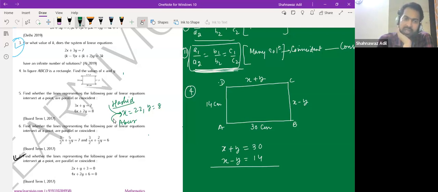Remember, in this class only you will solve the questions. Shaima also got x is 22 and y is 8. Good, everybody got the same answer. We have 1 minute.